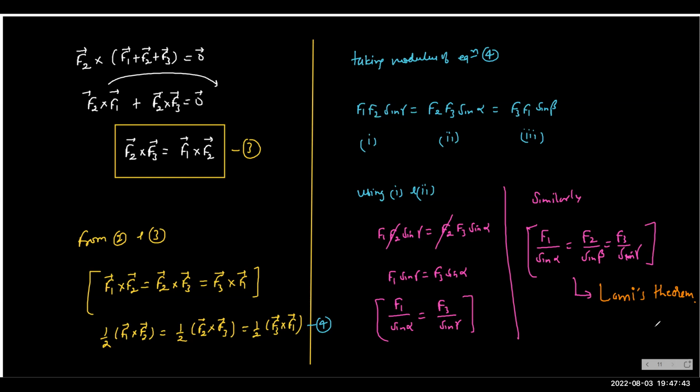I hope you remember the problem in which we had some strings and a block, right? Yeah. Long time back we did those questions. I'll just show you one of them, and how Lami's theorem can give the answer almost without doing anything.